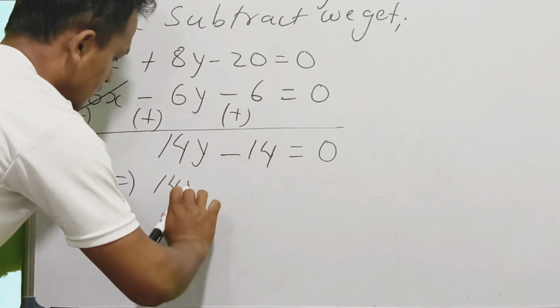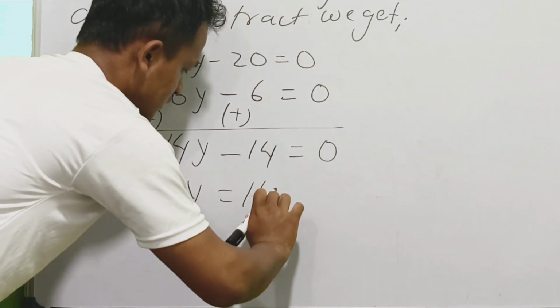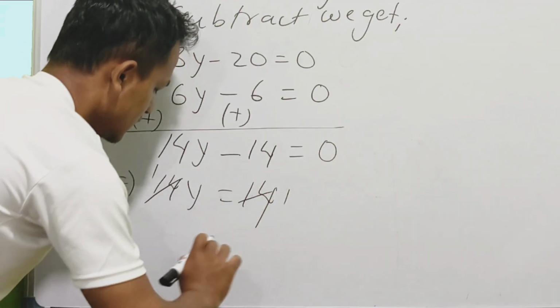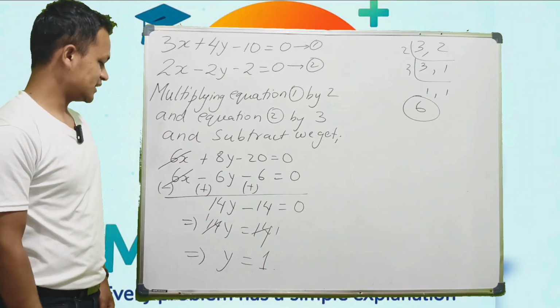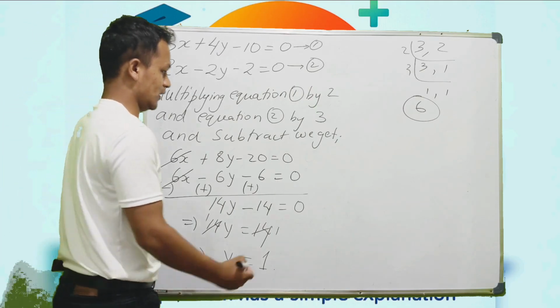So 14y is equal to 14, and y is equal to 1. That is how we get the value of y.